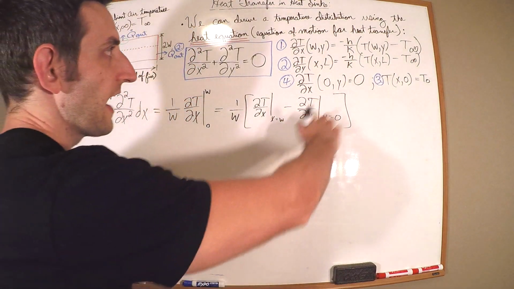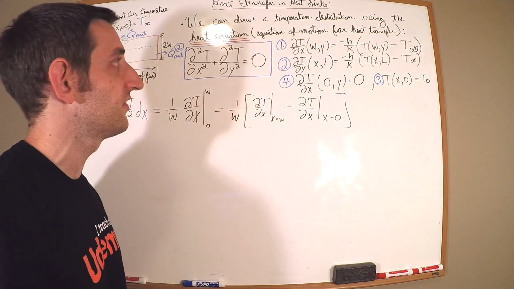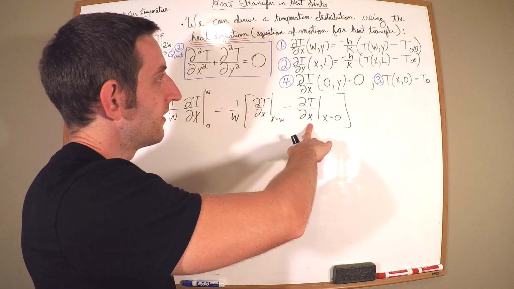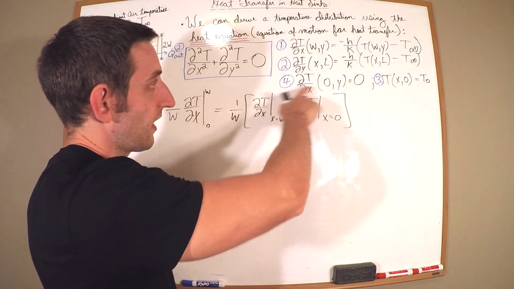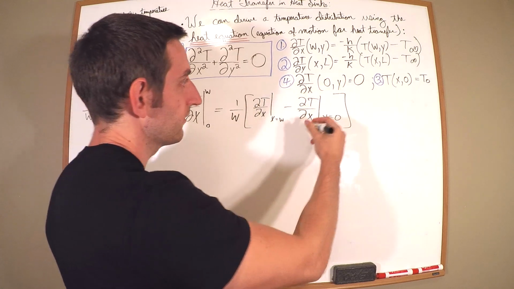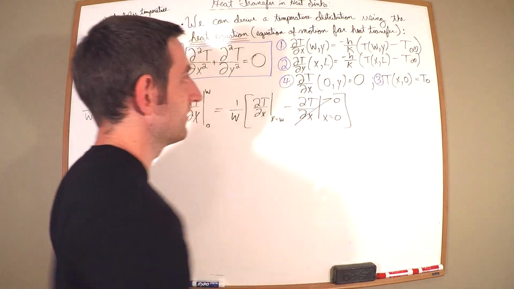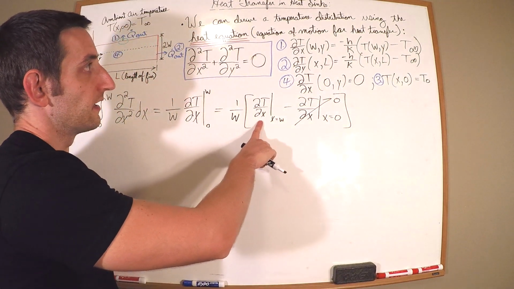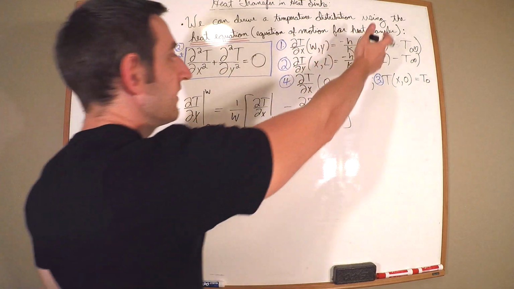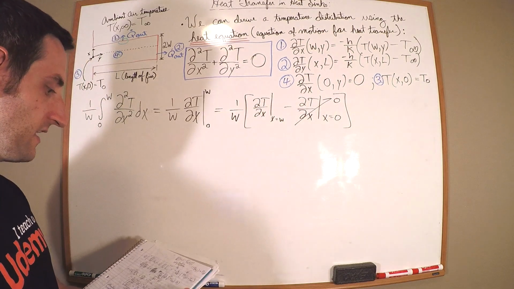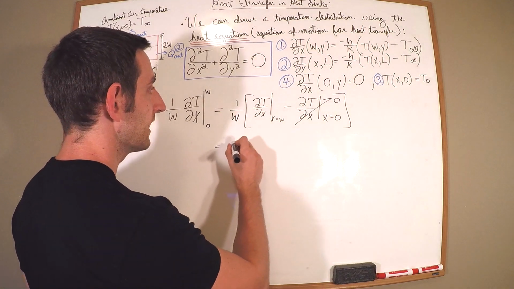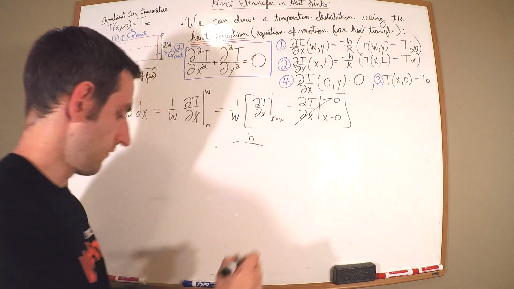If we compare these to our boundary conditions, what we find is that this one right here is the derivative at x equals 0, which equals 0. So this vanishes. And this is dT/dx at x equals w. So we can pull this in, and we end up with the following result. So this is equal to negative h over wk.